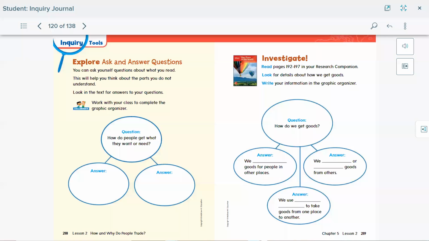So let's write this down. All right, the first part of the answer: we blank goods for people in other places. So we make or grow goods for people in other places. So we're going to write: make or grow goods for people in other places.